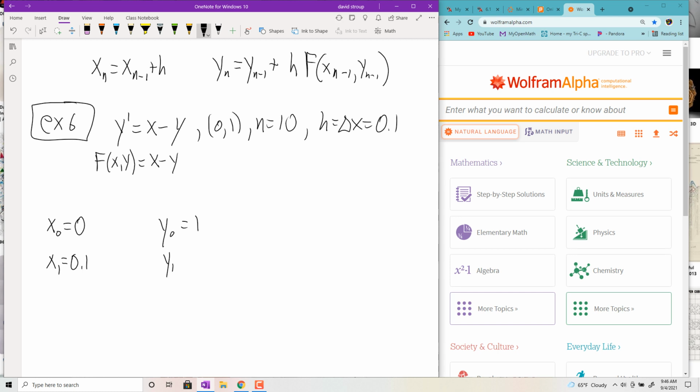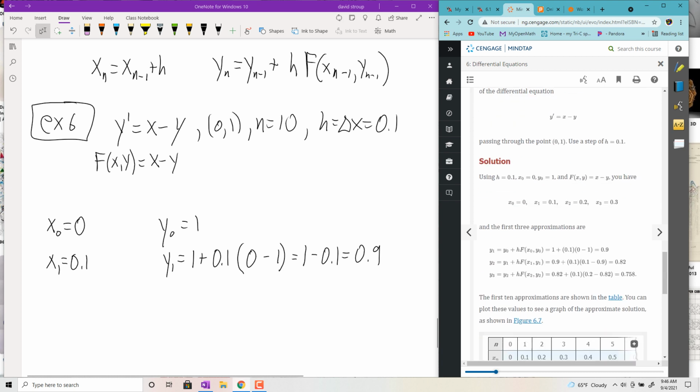And then y sub 1 is the previous y, so y sub 0 is 1, plus h, which is 0.1, times f evaluated at the previous point. So I'm going to put (0, 1) into x minus y, so I get 0 minus 1. And then 1 minus 0.1 is 0.9. So that should be my y1. And it is.